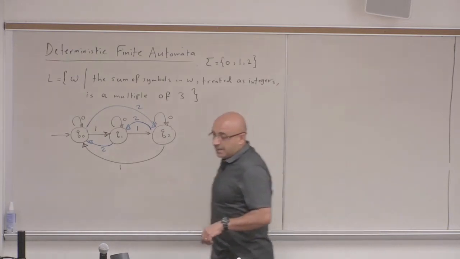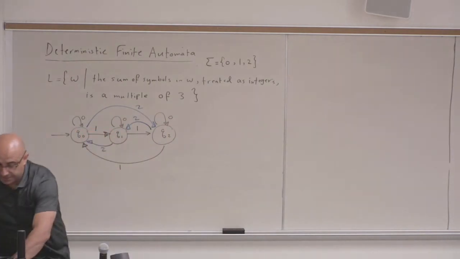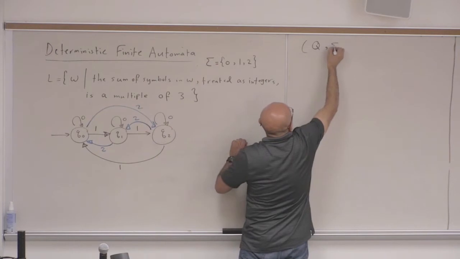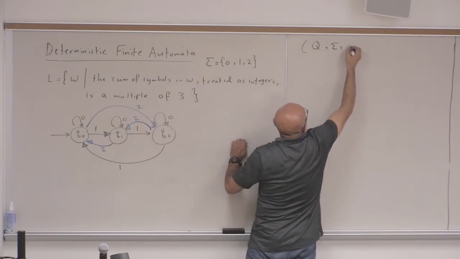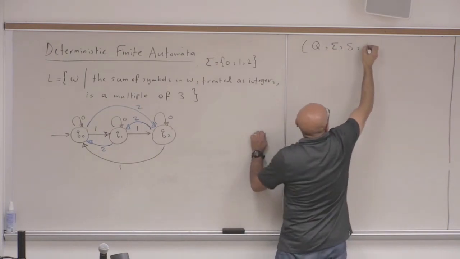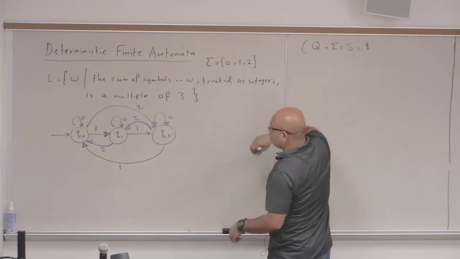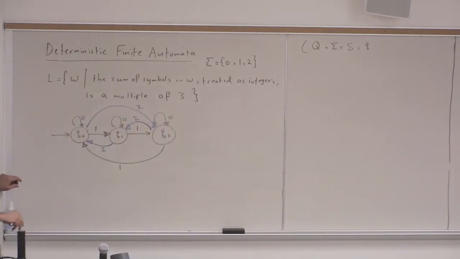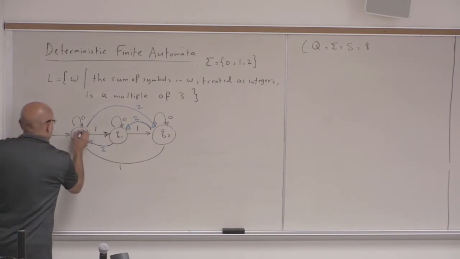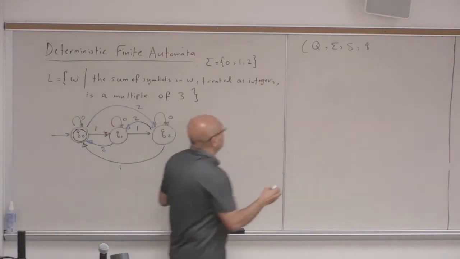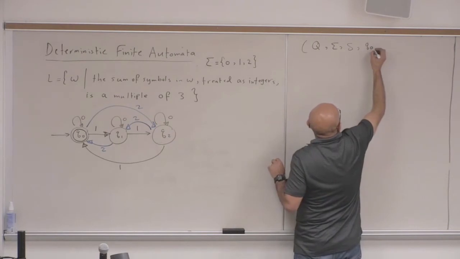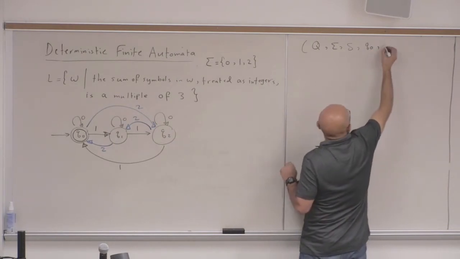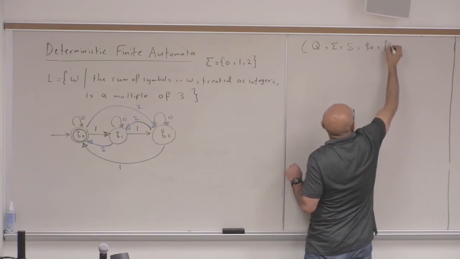The mathematical description of this DFA is Q, sigma, delta, and we did not specify the accept state. We forgot the accept state. Q0. Yeah, Q0. So Q0 is the start state, and in fact, Q0 is the set of accept states.